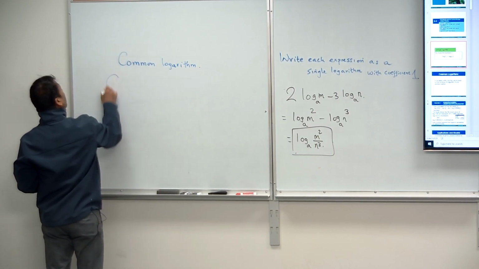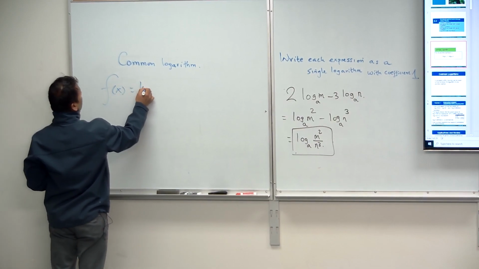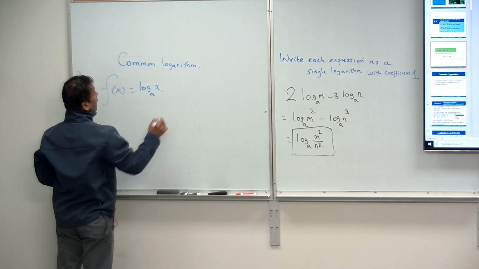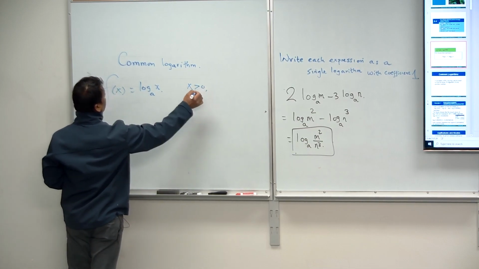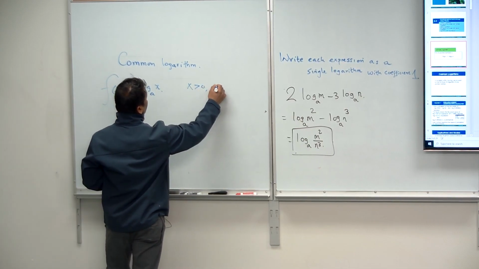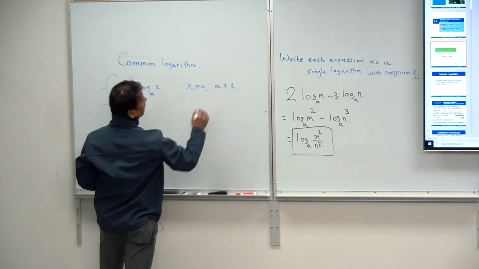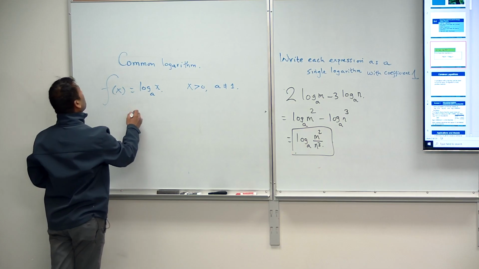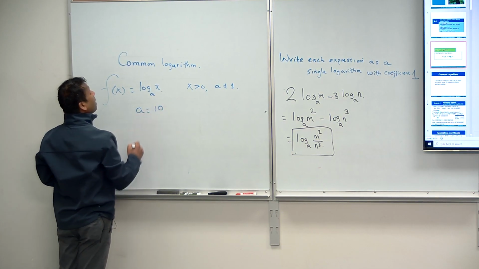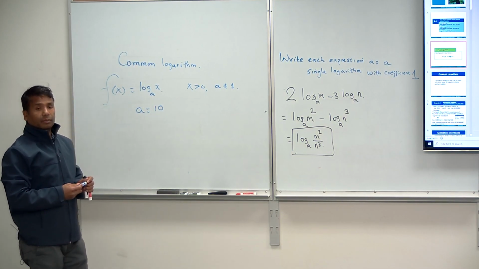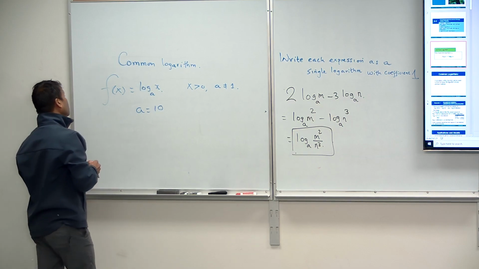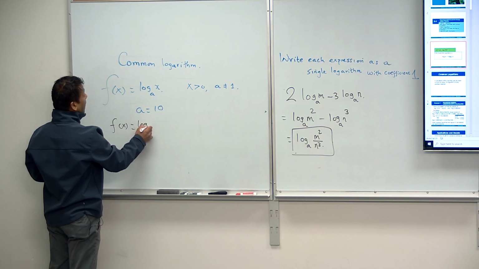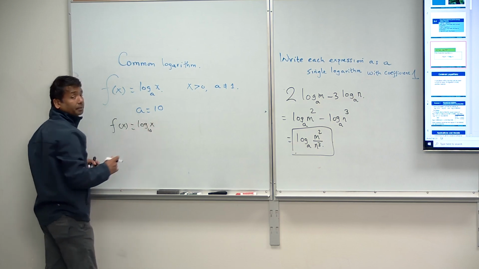So you know f(x) equal to logarithm with base a of x, right? x positive and a is not equal to 1, something like that, right? So if you replace this a by 10, if the base is 10, then you will have f(x) equal to logarithm with base 10 of x.